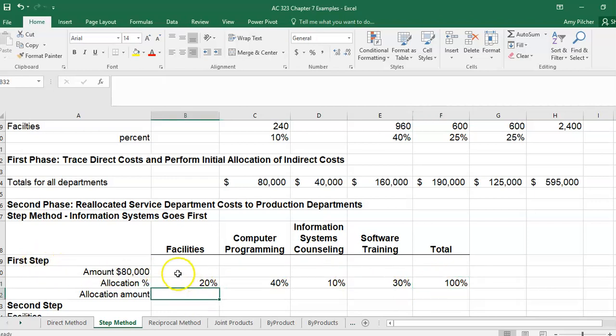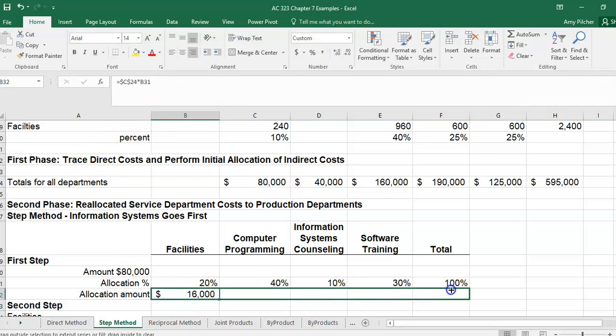So now we're going to take this 80,000 in costs times percentage use to allocate costs to each department.